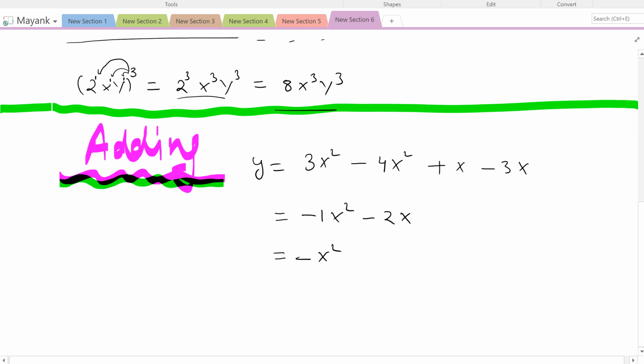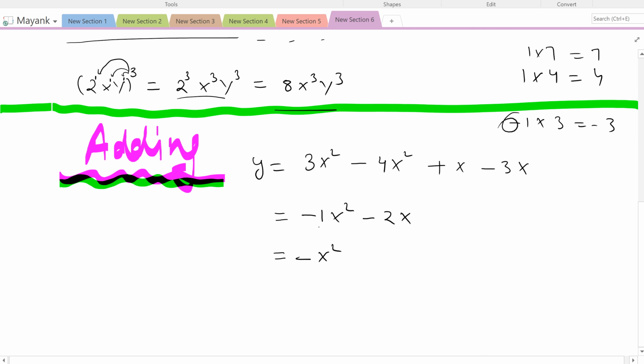Did you know that? So minus 1, you don't have to write 1 because 1 times, for example, 4 is 4. 1 times 7 is 7. And minus 1 times 3 is going to be 3, but the negative sign stays negative.